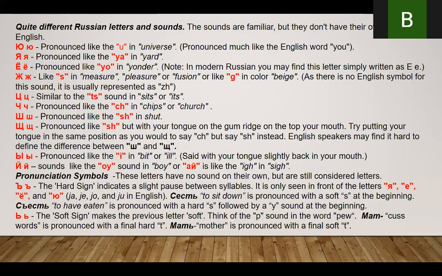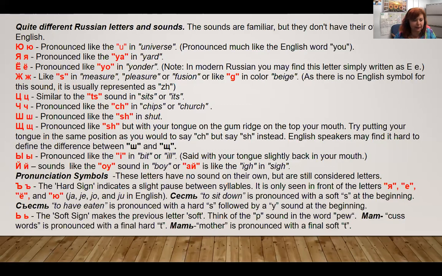And then we have pronunciation symbols. They don't make any sounds on their own. They're still considered letters because they are used to indicate how the previous letter or the next letter should sound.